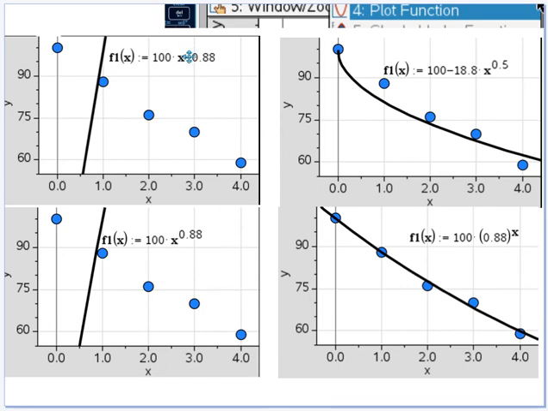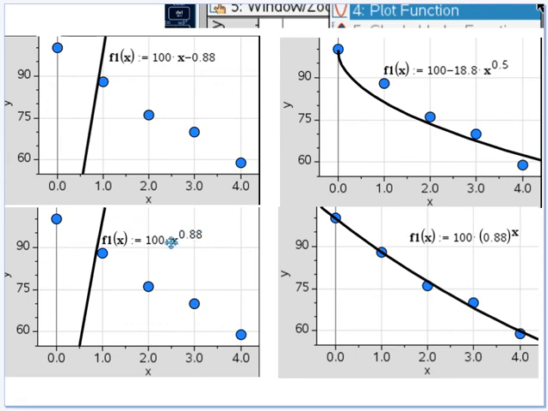You can see that even though this is my linear equation here, and this looks kind of linear, the linear equation I can choose from is totally off the charts, doesn't intersect hardly any of my points. Then I had, let's see, this is a power function, and that kind of worked better.